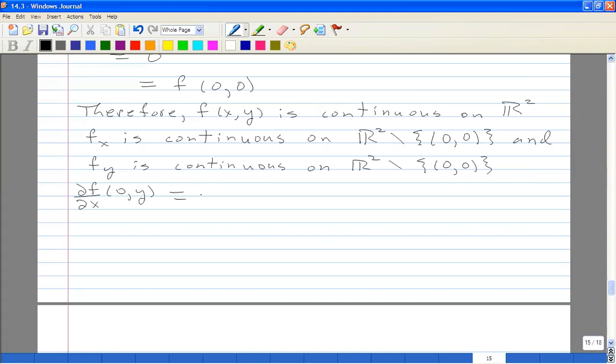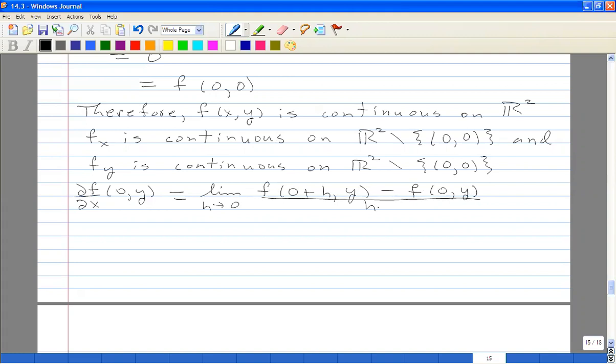So this will equal the limit as h approaches 0 of f of 0 plus h, y minus f of 0, y over h.